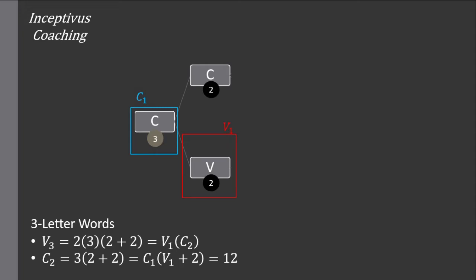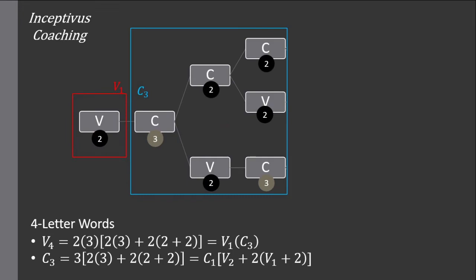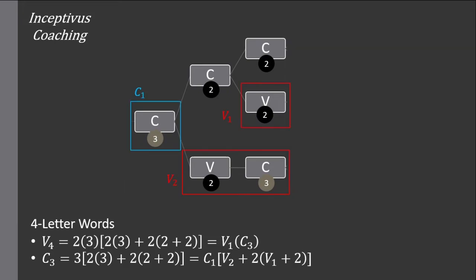Now, what happens as you introduce the fourth letter? We see that V4 can be similarly defined as a one-letter vowel word, V1, followed by a C3. And you can define C3, or the number of three-letter words that begins with a consonant, as a one-letter consonant, C1, followed by some kind of branches, except this time it is slightly complicated.